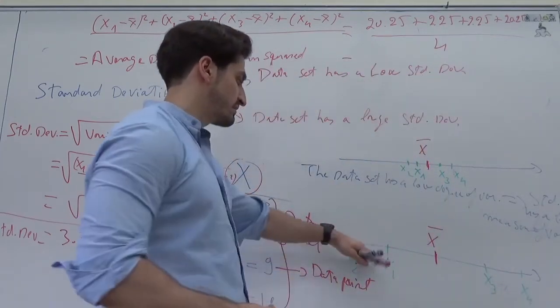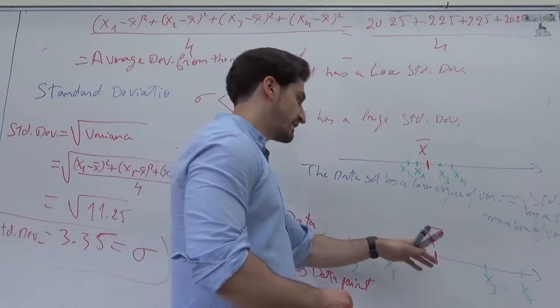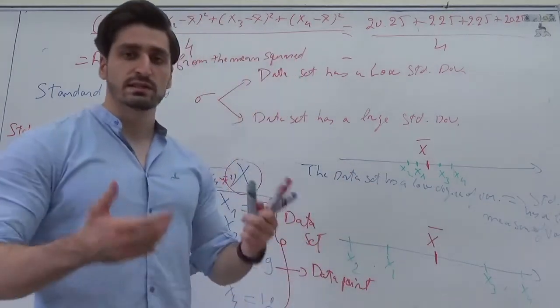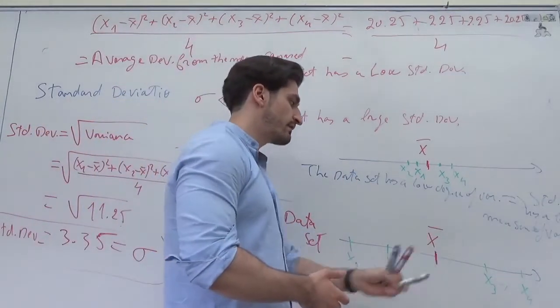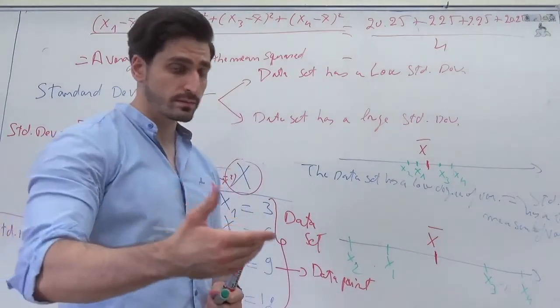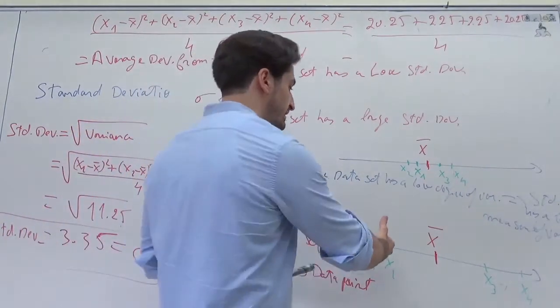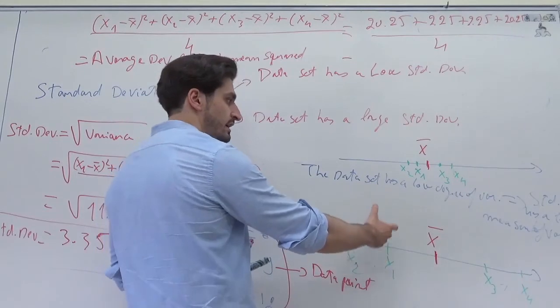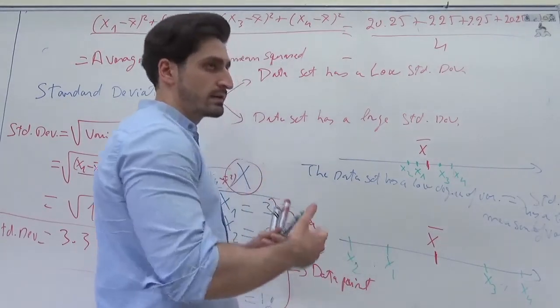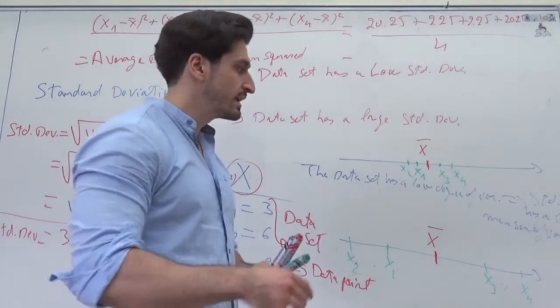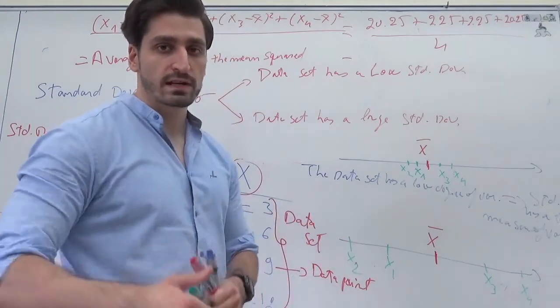By comparison between these two axes, we can clearly see now that the average deviation between the entire data set and that average value grew bigger. So in that case, we can say that the data set has a large degree of variability, and therefore the standard deviation has a large measure of variability.